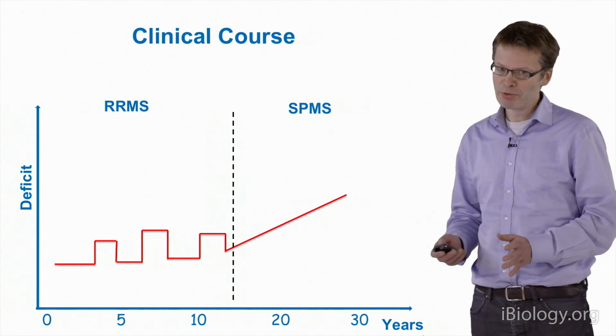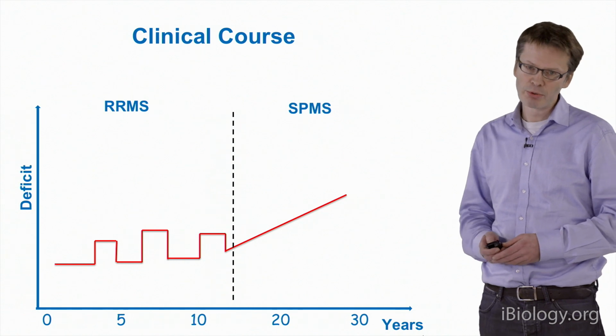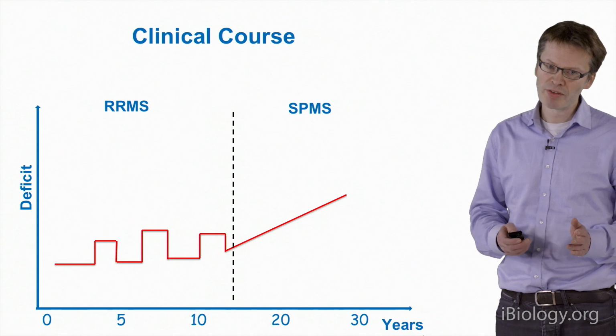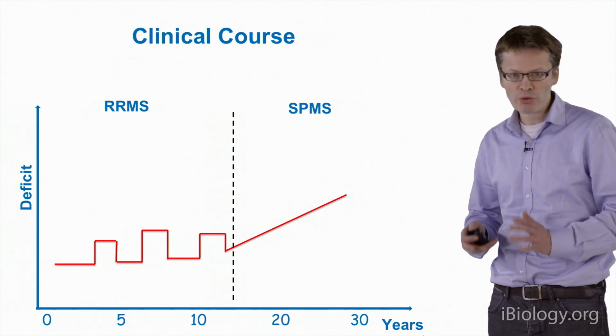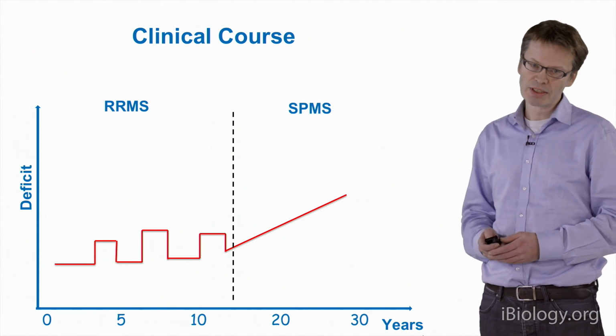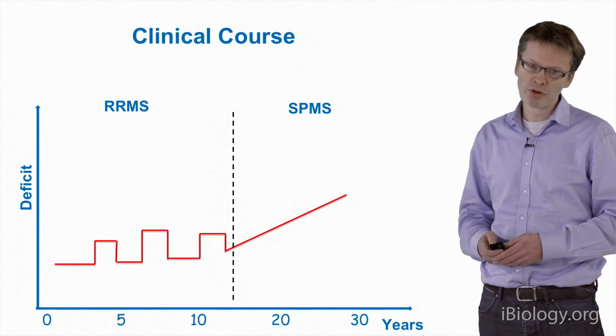One is relapsing, remitting MS without progression into secondary progressive MS. And the other extreme is primary progressive MS, where there are no relapses and the patients immediately start with the progressive phase. In this progressive phase, the symptoms that the patients develop are irreversible.